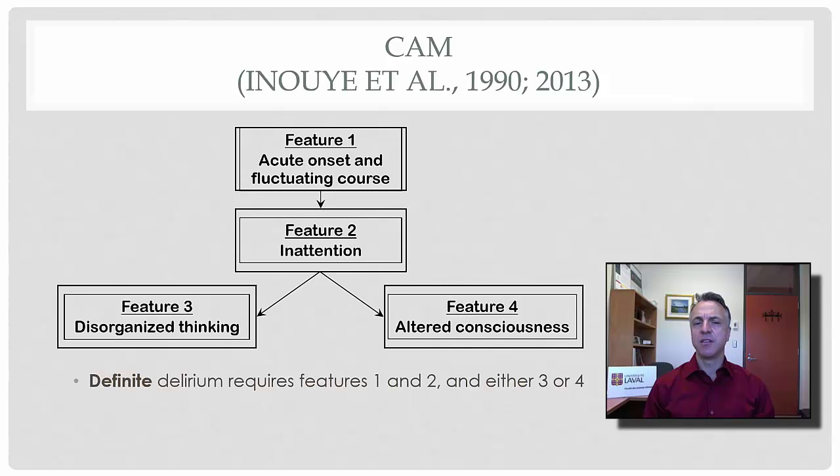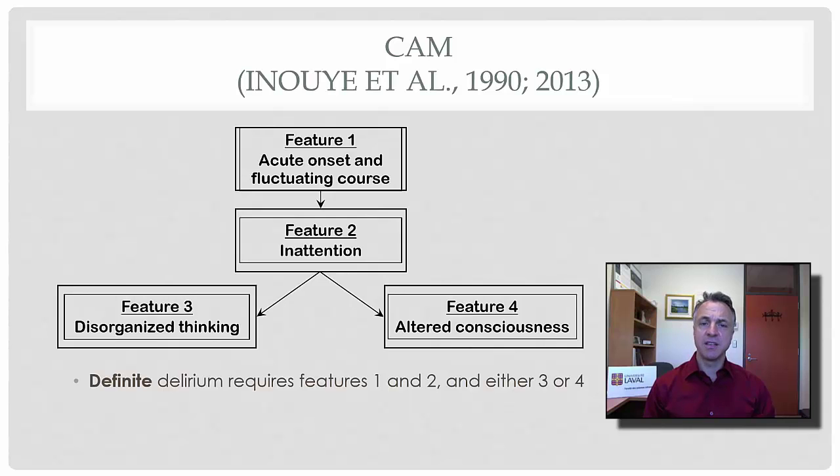There is also the definition of definite delirium, which is based on the CAM, a well-known tool that is used throughout the world. To have a definite delirium, a patient needs to meet feature 1, feature 2, and either feature 3 or feature 4. Feature 1 is an acute onset and fluctuating course. Feature 2 is inattention.